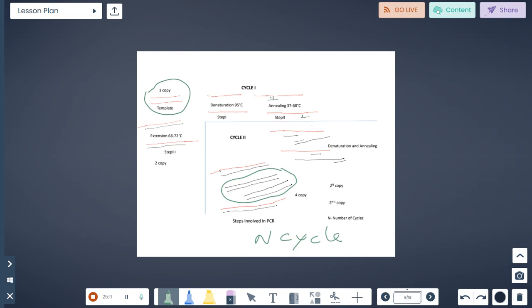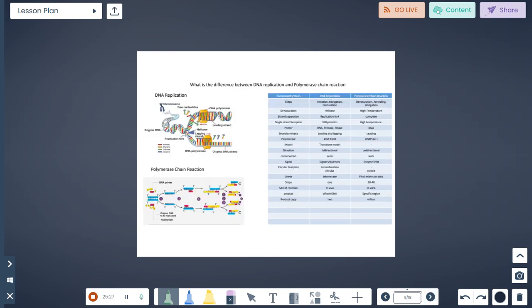So the abundance of this will be more. So after the second cycle, this will be logarithmically, exponentially amplified.